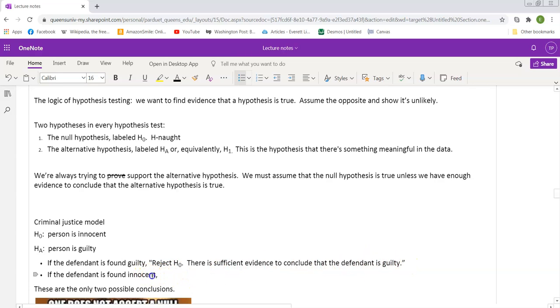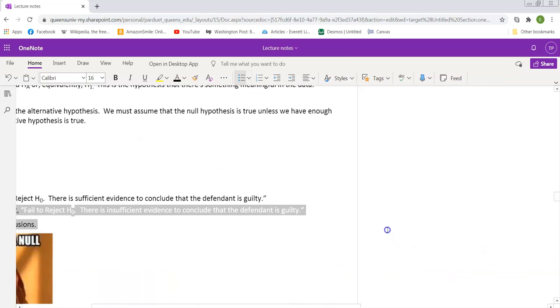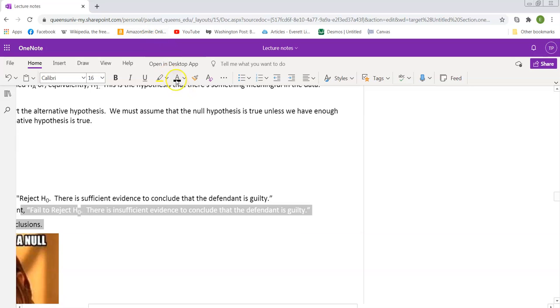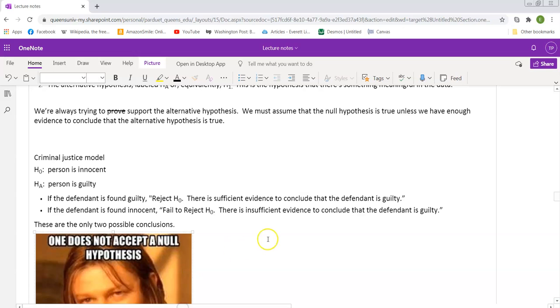The other one, you know how we said there were kind of double negatives, and we see that here. This just takes a little bit of getting used to. If we find the defendant not guilty, the way we would phrase that is: fail to reject H naught. There is not sufficient evidence to conclude that the person is guilty.